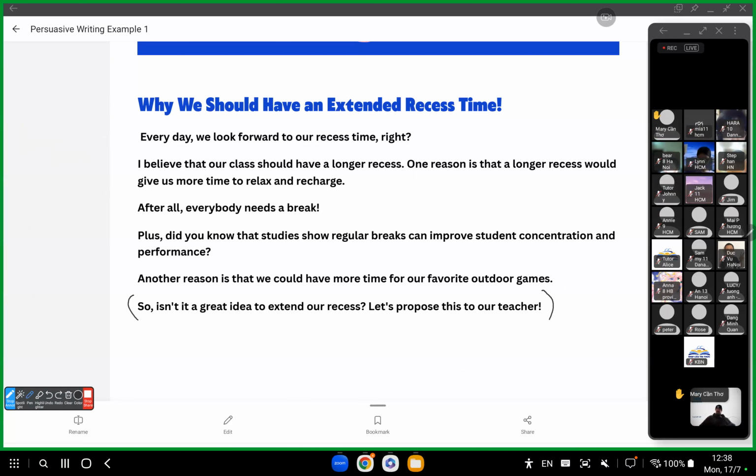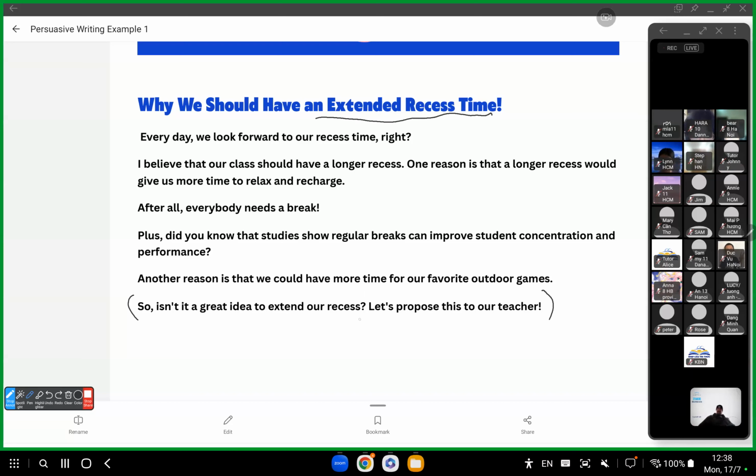Very good. Now, this conclusion here actually does three main jobs. Number one, it sums up our main idea, so why we should have an extended recess time.